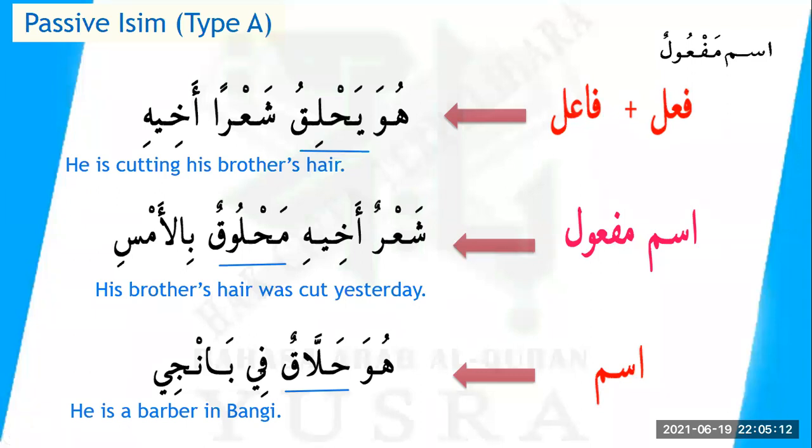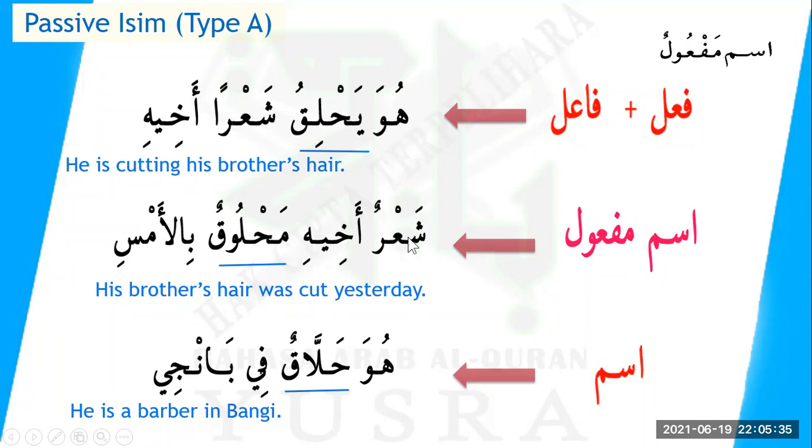Ustaz, the first two sentences, yahliku and the other one mahlukun, what is the significance of the ya and ma there? Okay. Yahliku is the verb form. This is a present tense verb. This says the meaning using a verb, but here using a passive noun.